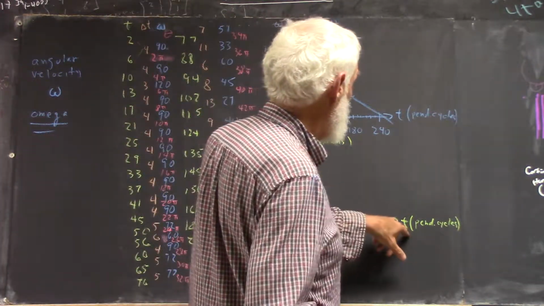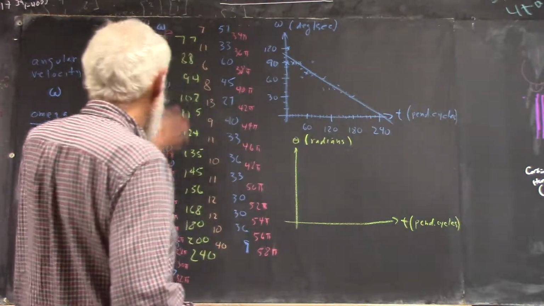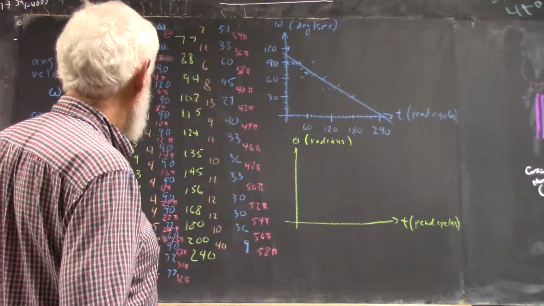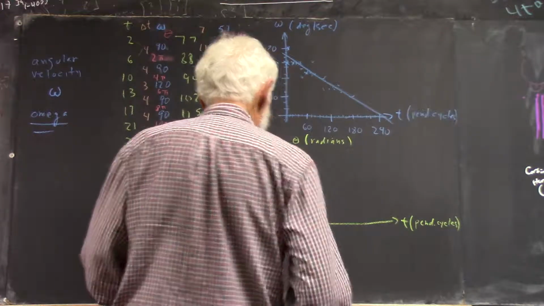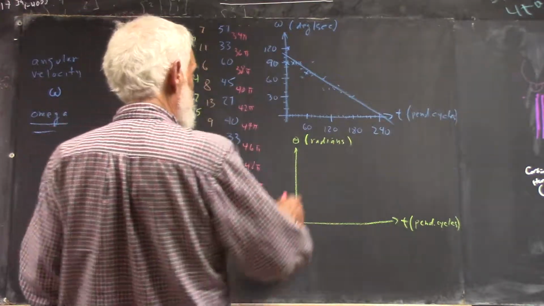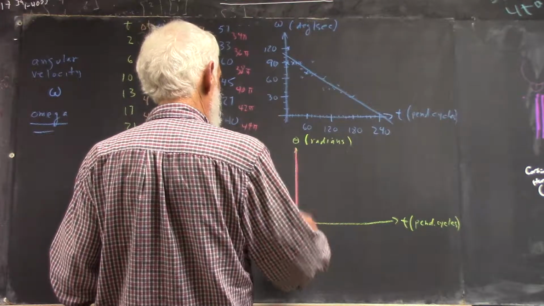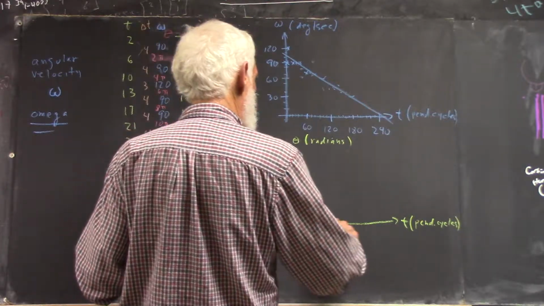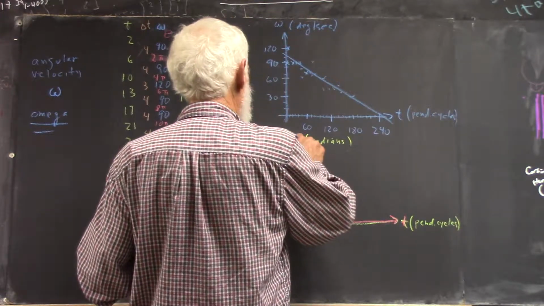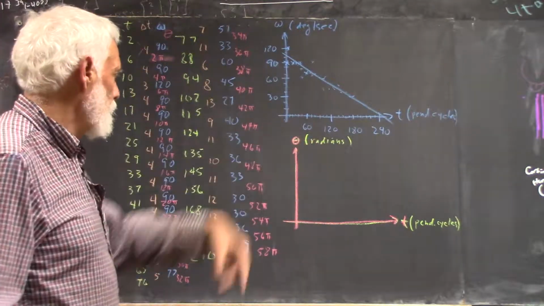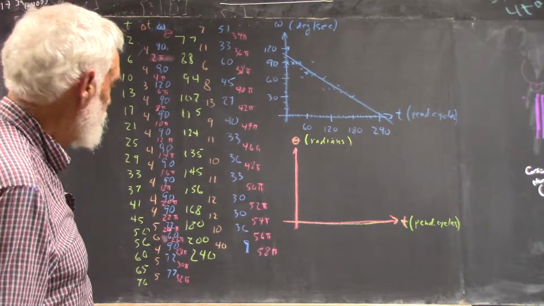So we've got theta in radians, t in pendulum cycles. We want to do that graph. It might be a good idea to switch over to the color that matches the data. I'm not going to bother overriding the radians and pendulum cycles.